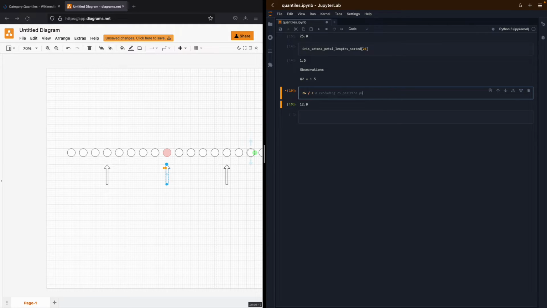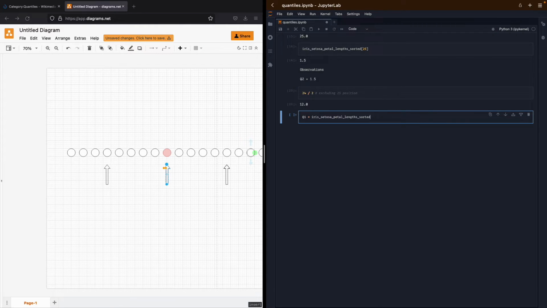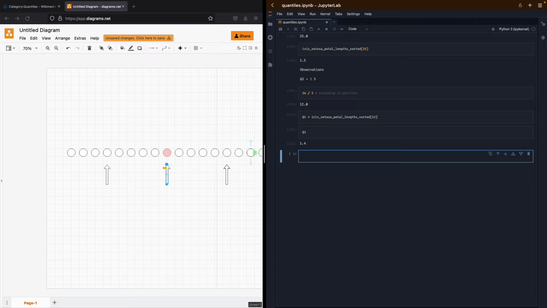We are not going to do that right now. So the 12th position value is our q1. So q1 equals iris sorted at 12. q1 is 1.4.